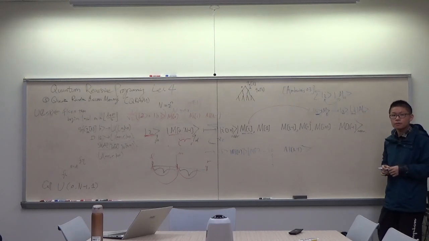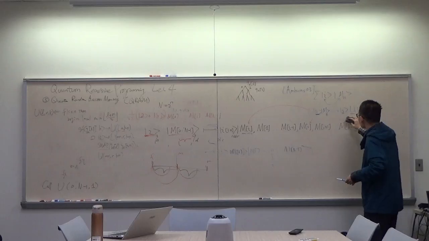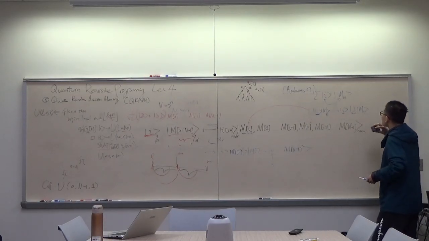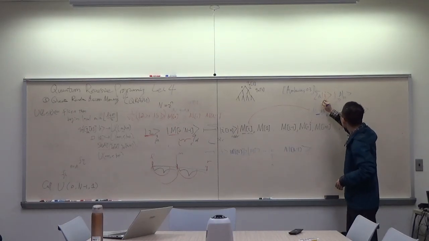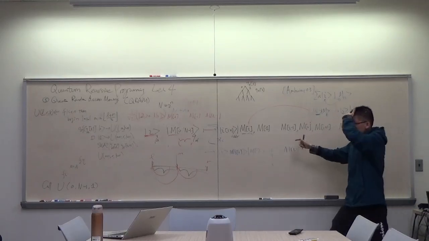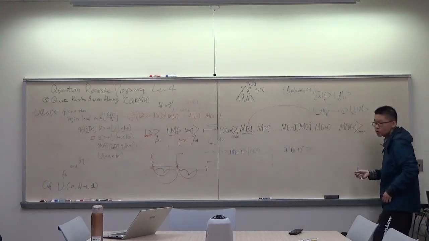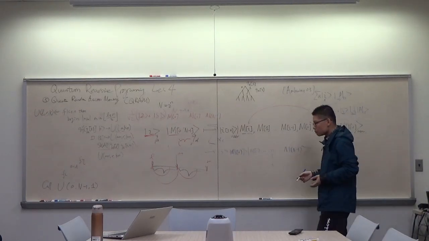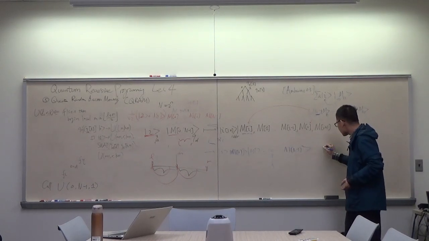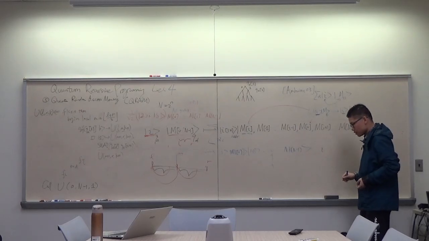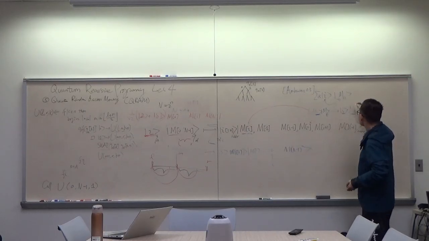So you're not swapping here? No. Let me think how to make this. So for example, this state, this sum of alpha_I |I>|M_I>, is the state after you have done some swapping, some QRAM access. I should say it this way.